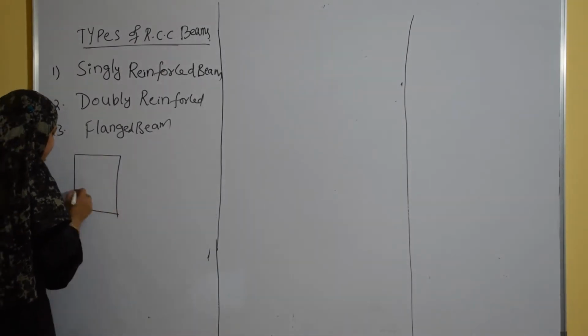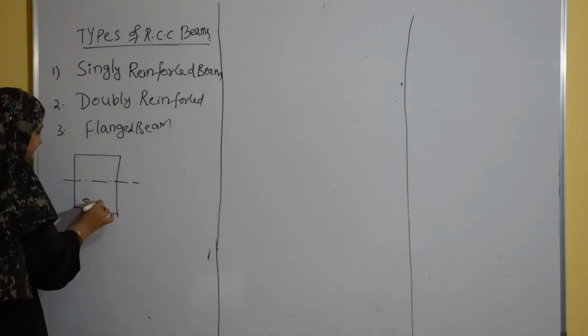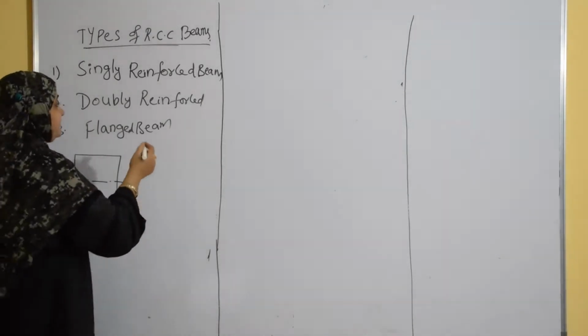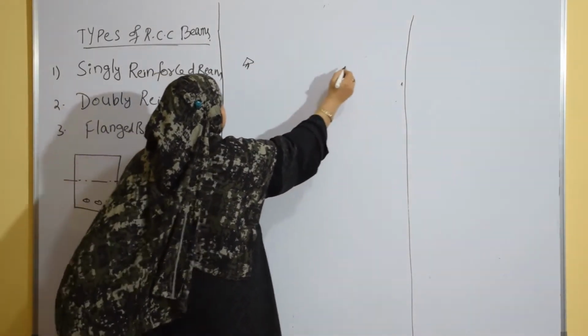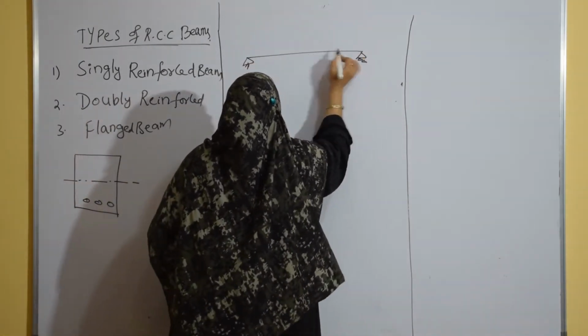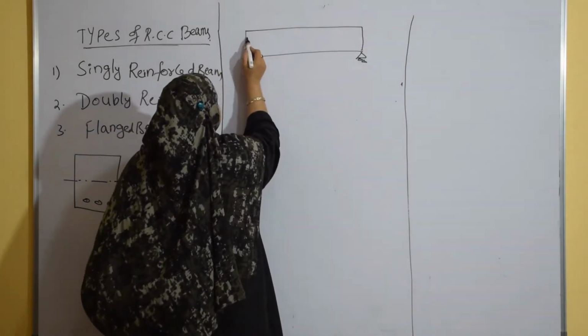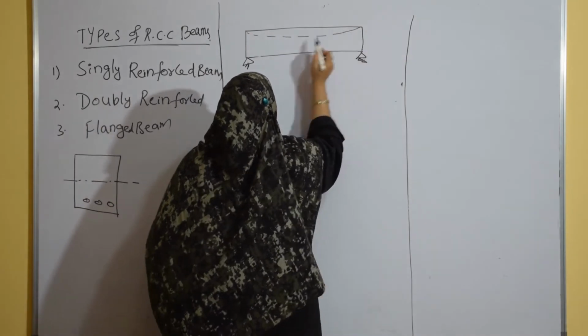Sometimes if it is a simply supported beam, the tension zone will be at the bottom. If it's a cantilever beam, already in my previous video I have shown you. Suppose this is a simply supported beam. When it is loaded, it will bend like this.